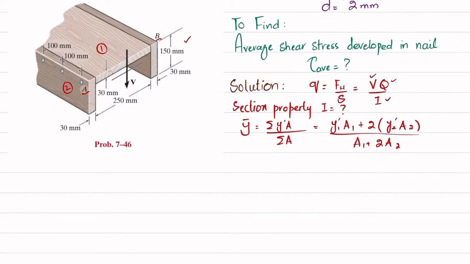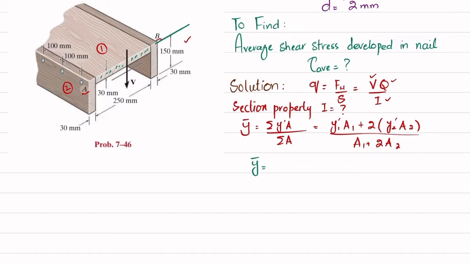Now what is y1 dash? If we take this upper surface as the reference line, this is 1, so this area will be A1. A1 is, you can see, 250 millimeter multiplied by 30 millimeter.